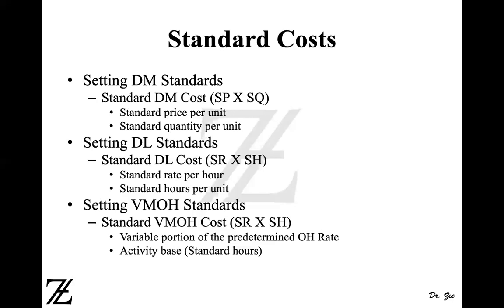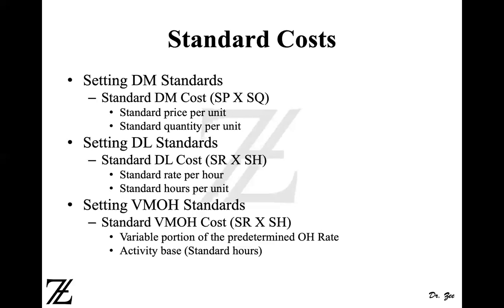Similarly, you determine the variable manufacturing overhead standards. Now you determine the rate. So the standard rate is similar to the standard labor rate, but it's not a labor rate, it's a variable manufacturing overhead rate, which can be determined by using the predetermined overhead rate.